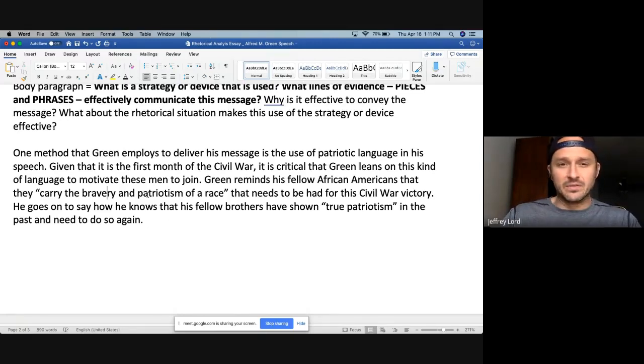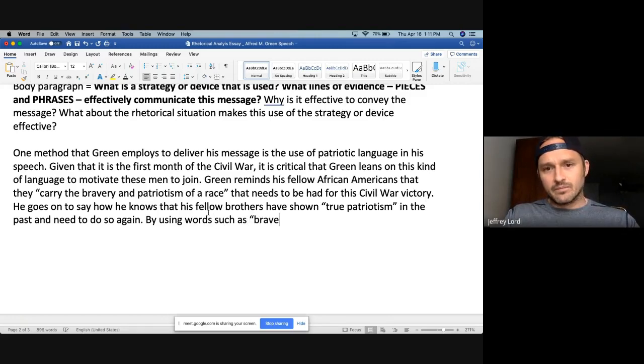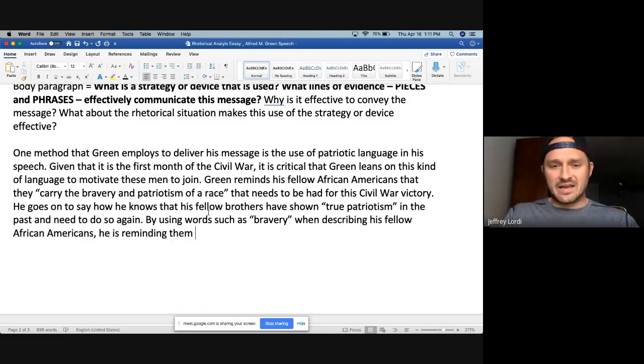So I'm going to go about this idea of the bravery and patriotism piece of a race. And I'm using a complex sentence here because I have complex ideas. By using words such as bravery when describing his fellow African Americans, he is reminding them of the sheer power and courage that they all possess.